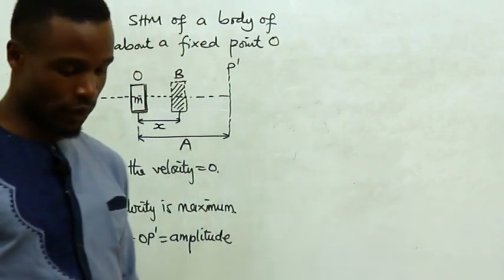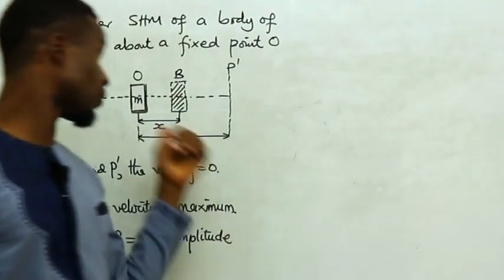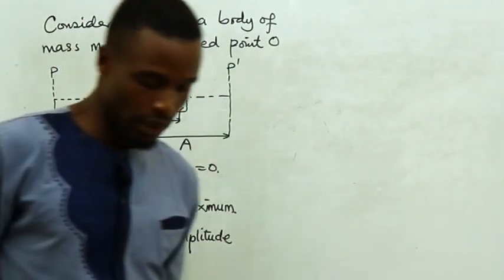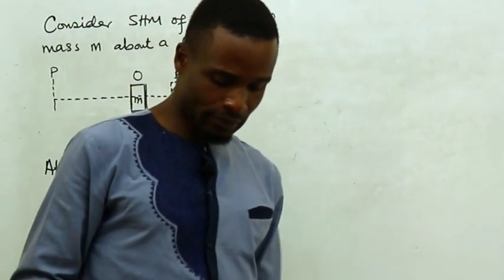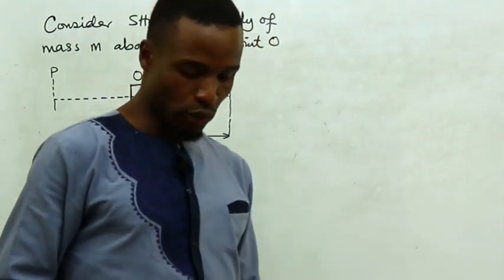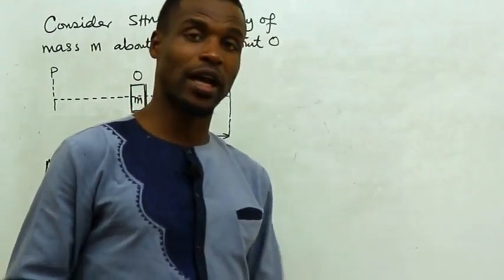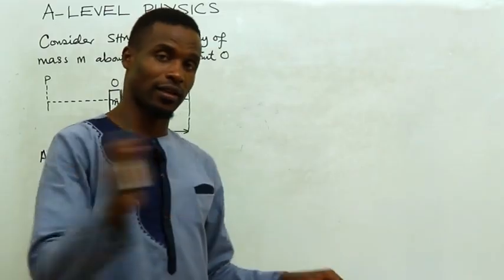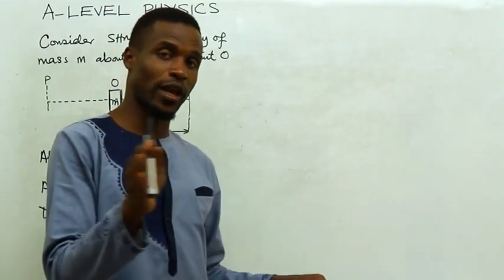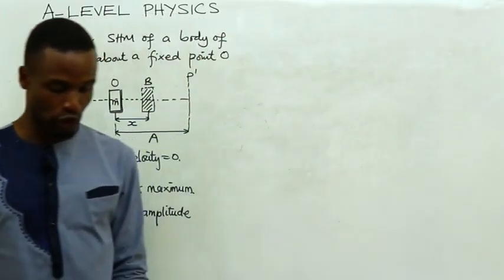The definitions, we shall look at them. The equilibrium position, that's the equilibrium point O, is a point in the path of a particle executing simple harmonic motion where the particle comes to rest at the end of the oscillations. After all oscillations are done, where it settles, that is what we call the equilibrium point or position.